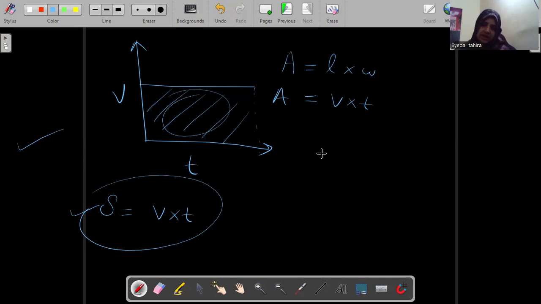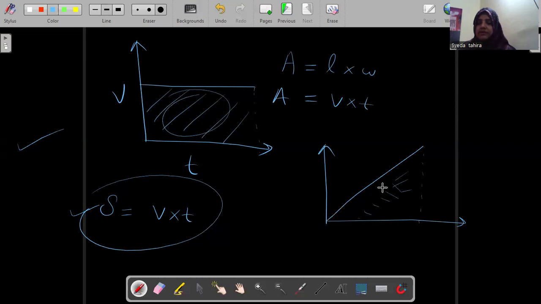Okay, let's have another type of graph with me. Suppose my vehicle's journey was modeled as this kind of graph. Okay, if I just use the same fact I have just observed, that the area under the VT graph is going to give me the distance traveled.